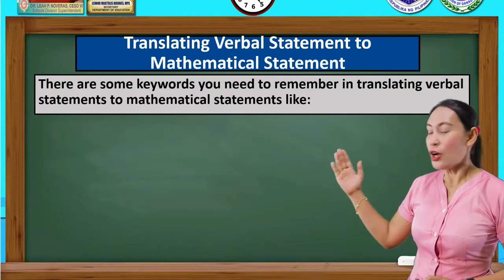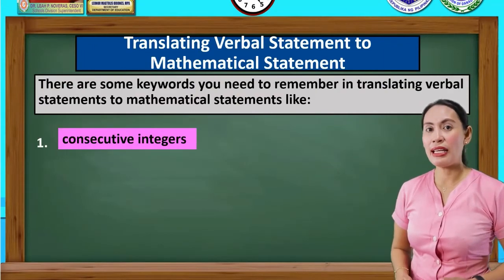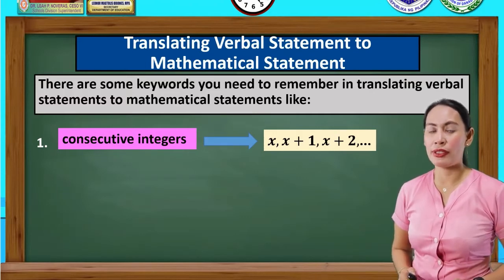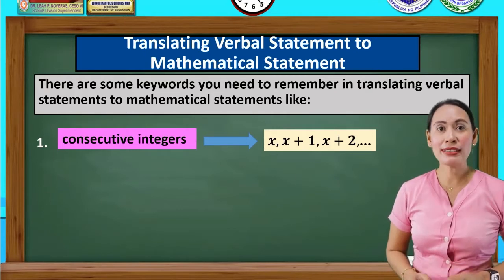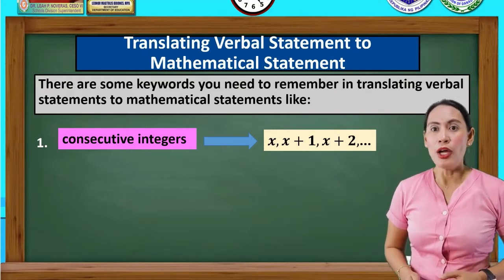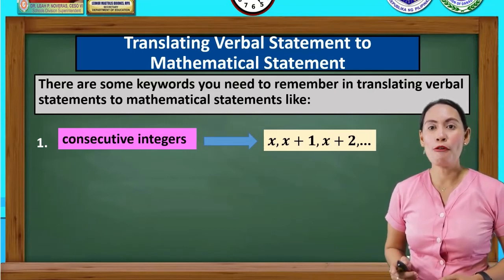First, consecutive integers represent x, x plus 1, x plus 2, and so on, where x is any integer. Example of this integer: if x is 5 or the first integer is 5, to obtain the next integer, you add 1 to 5.